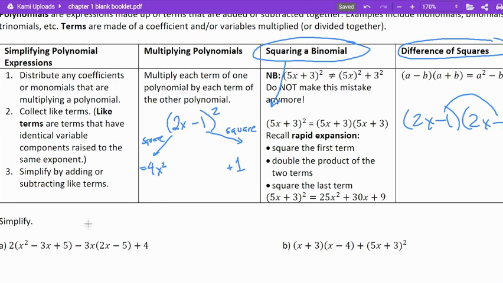Now the middle term, and this is the shortcut that I'd like you to practice tonight, is multiply first term times last term and double it. 2x times negative 1, negative 2x, but then double it. Okay, so I'll just write this in step form. Although I would encourage you, if you can, to do this one step in your head.